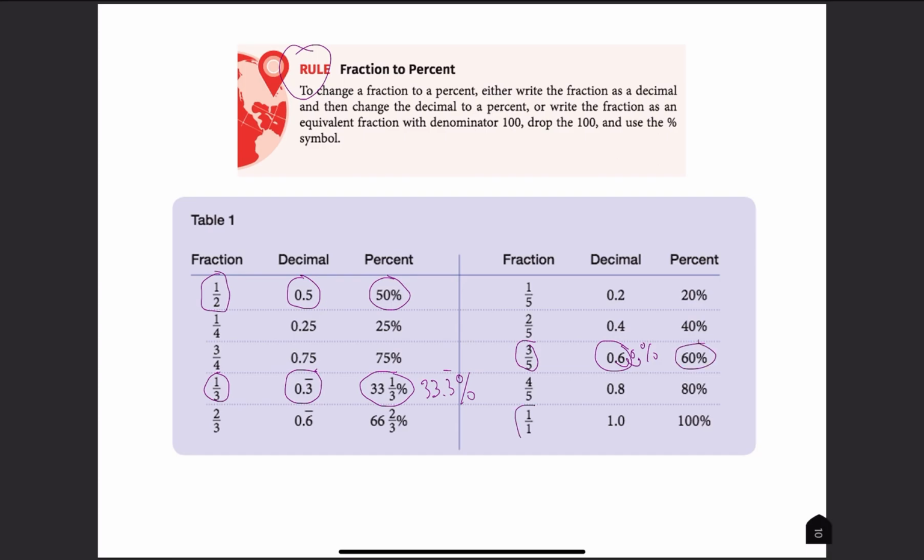And then if you have 1/1 or a whole, it could be written like that. As a decimal, it's 1 or 1.0, and as a percent, it's 100%, because 1 whole is 100%. 100 out of 100.